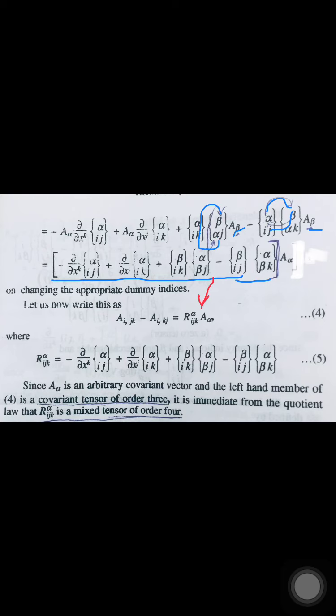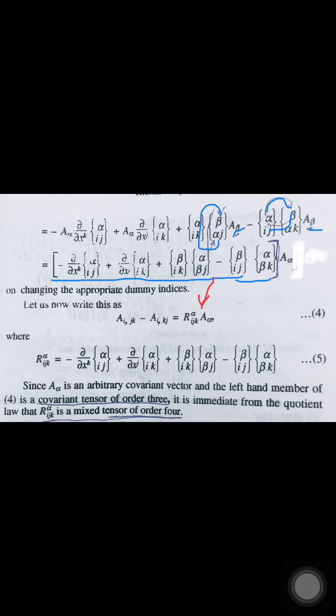Okay, so these 4 terms in the bracket, we underline all the 4 terms, and by the red symbol you are seeing here, we denote it by R alpha, in the upper index, and in the lower indices i j k.